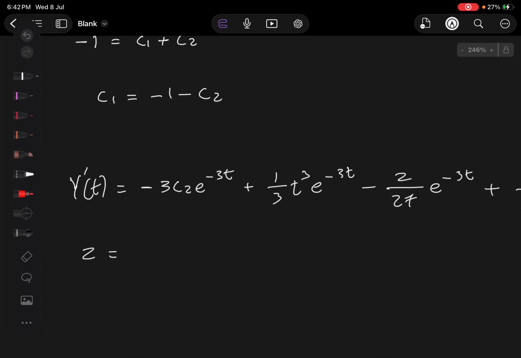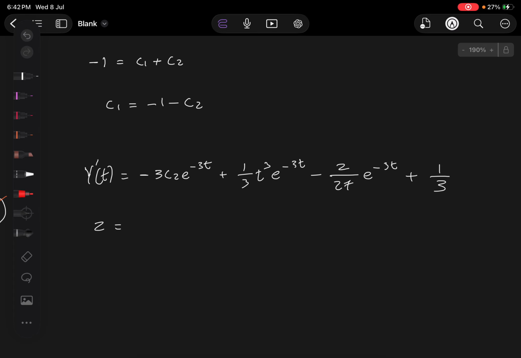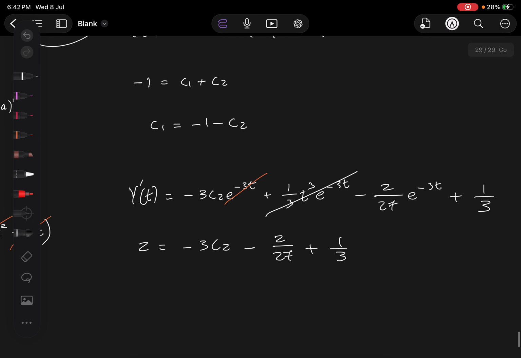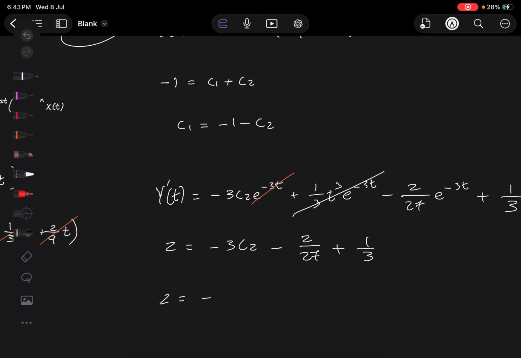So 2 equals, then you substitute 0 for t. So this is 1. So minus 3 C2. This is 0. Minus 2 over 27. This is 1. Plus 1 over 3. So you can solve for C2. So 2 equals negative 3 C2. If you add this, you get 7 over 27.